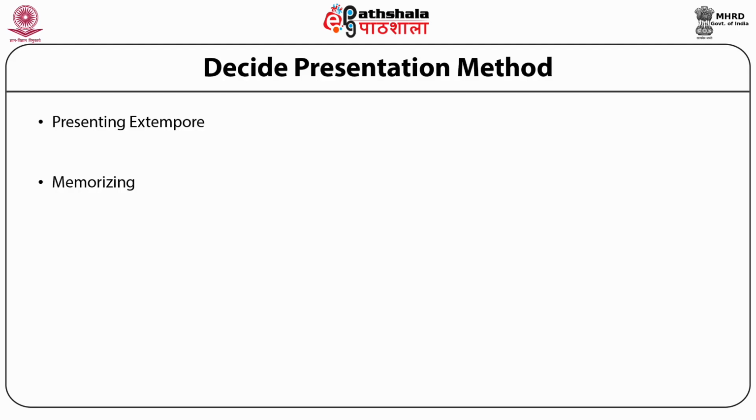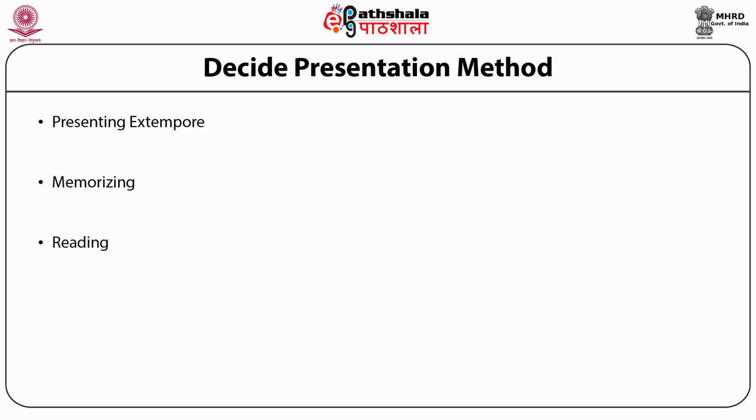In this method, a presenter tries to memorize the complete matter that needs to be presented. It requires a special ability to memorize the matter to such a large extent. The drawback of this method is, in case you forget a word or two, you get confused initially and nervous eventually. The third method is reading.